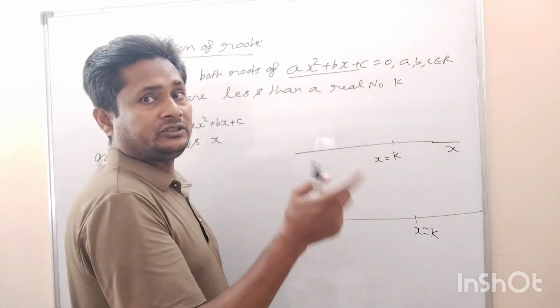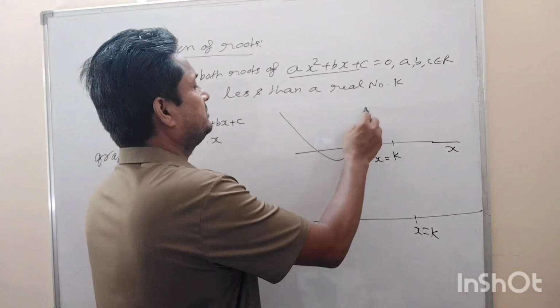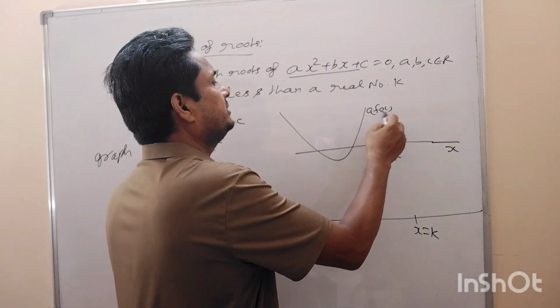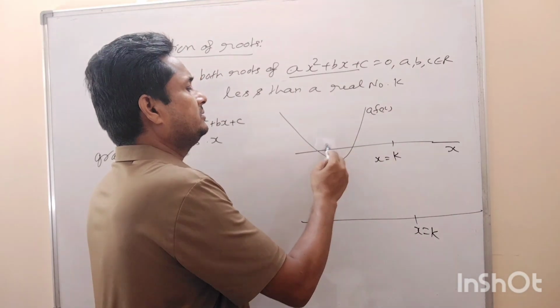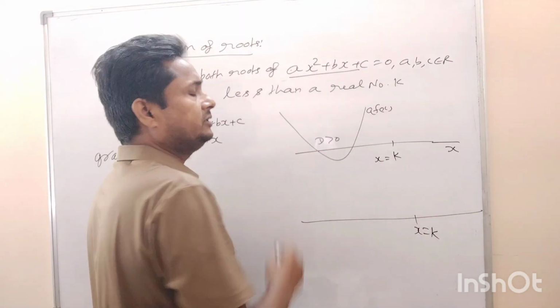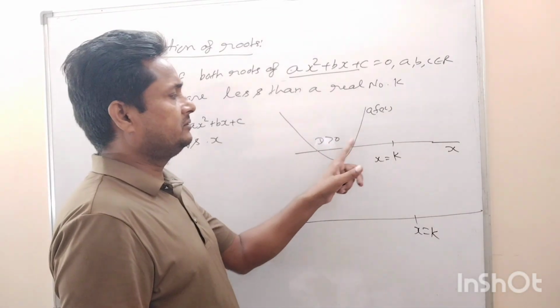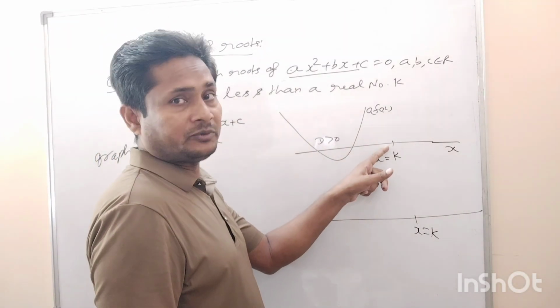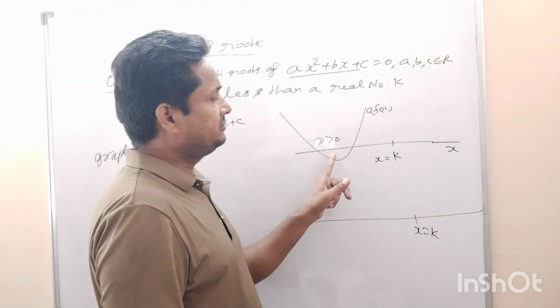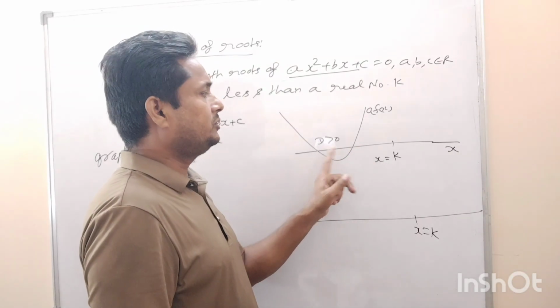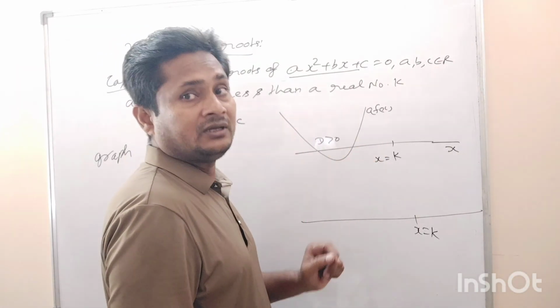Both roots may be distinct. If both roots are distinct, then this is the graph of a times f(x), and in this case D must be greater than 0. Both roots are less than k.